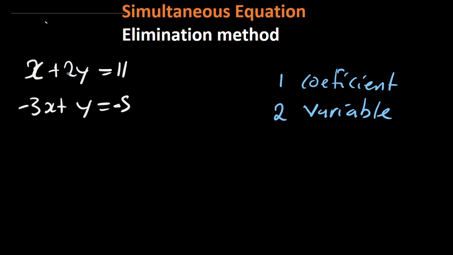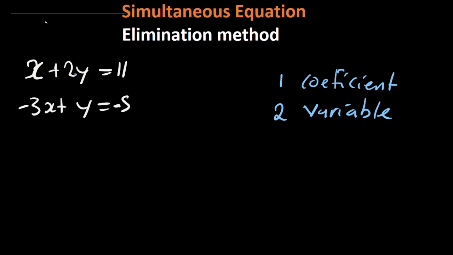You just use the coefficient which is available in the other equation. Like in this case, if we choose to cancel out y, look at the other equation. What coefficient does it have? We can use this one.